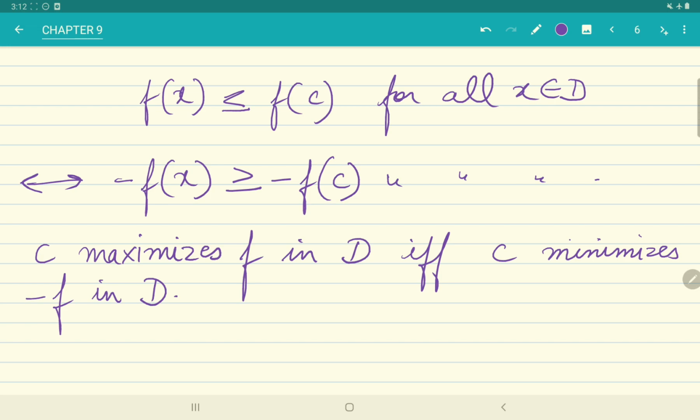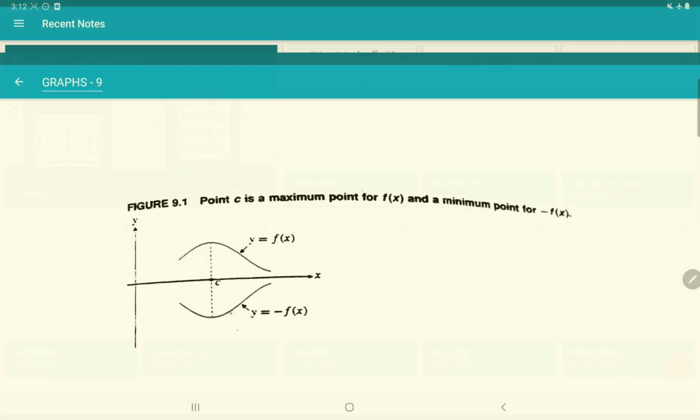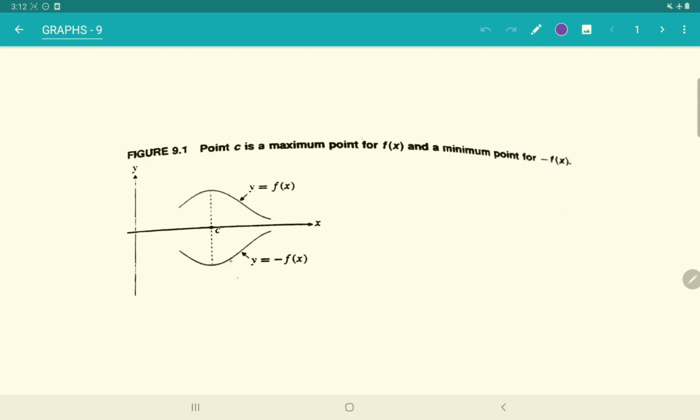And that means we can now get to this. So here we see c maximizes f in D. So c is a maximum point for f of x in this case. And if I go for minus f of x, we can see that c is a minimum point for minus f of x.